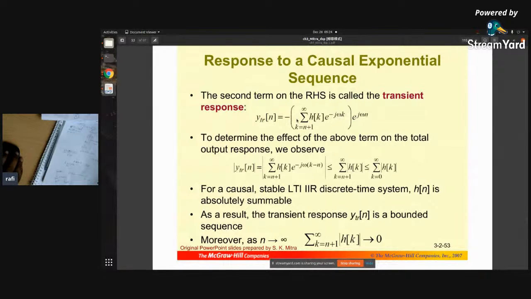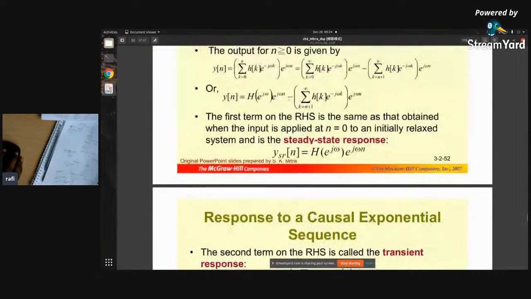With a negative sign, it is called the transient response. That means y of n is the sum of y steady state of n plus y transient of n. So y steady state of n is the Fourier transform of the impulse response of the system times the input, and this is the transient response, including the minus.